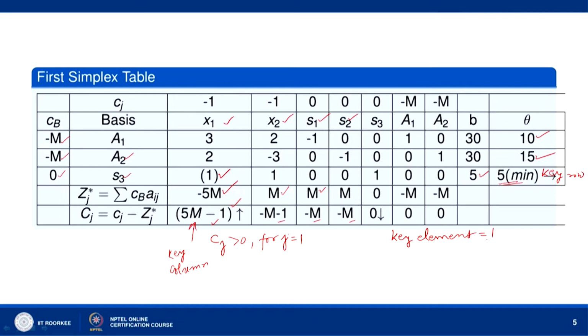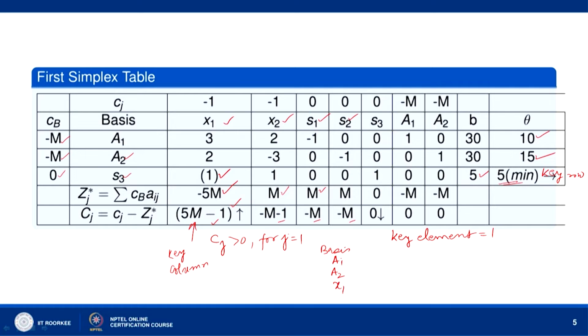So that means that S 3 will be the outgoing variable, and x 1 will be the incoming variable. So, in the next simplex table, the basic variables will be a 1, a 2, s 1, and s 3 will be replaced by x 1.